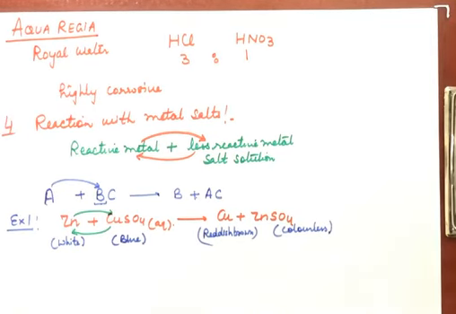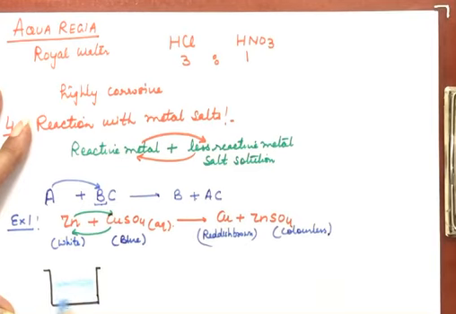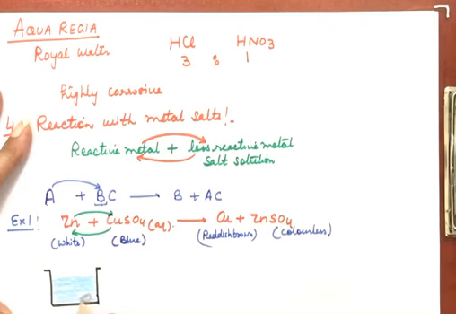So we are taking a beaker here. In the beaker we will take copper sulfate solution. That means the solution is of blue color. So we have blue copper sulfate solution in a beaker, and in this beaker we will add zinc metal.